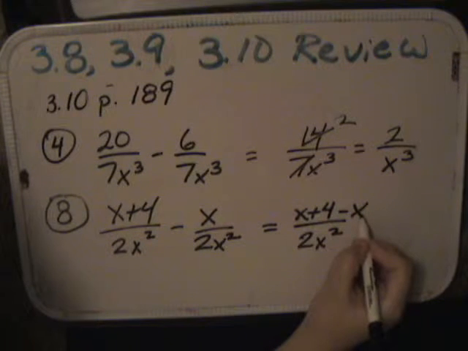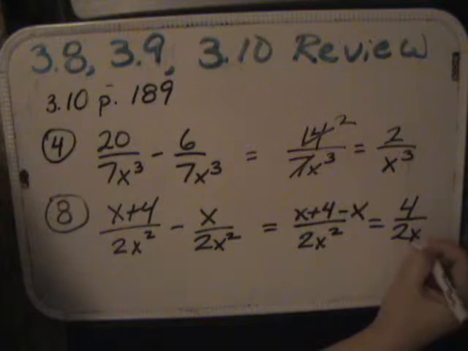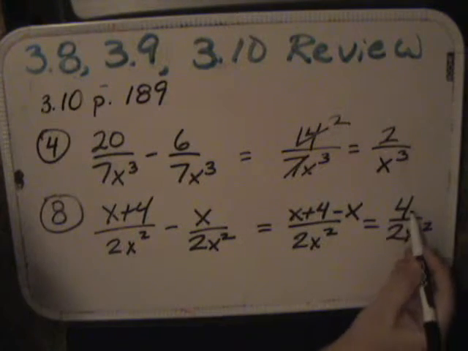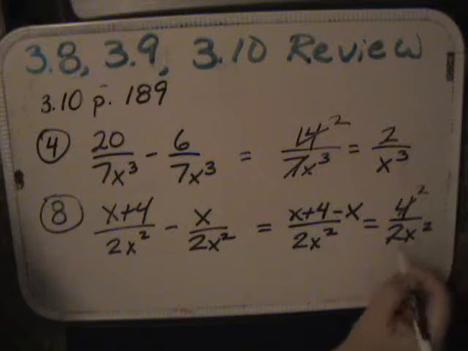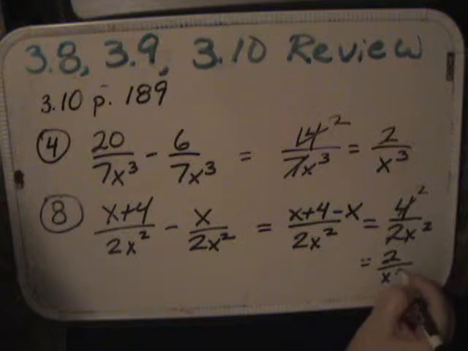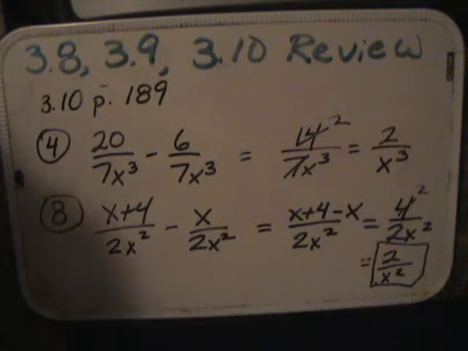Well, x minus x becomes 0, so this answer becomes 4 over 2x squared. Again, here you can reduce this into 2 and 1, so you get 2 over x squared for your final answer. Make sure to check to see if you can reduce once you get the final answer.